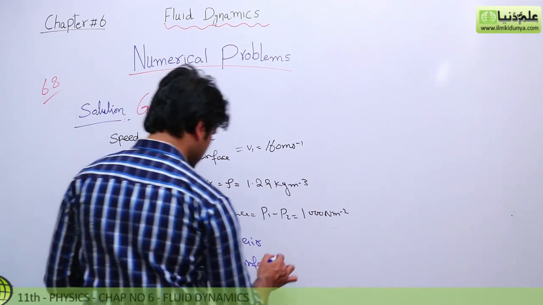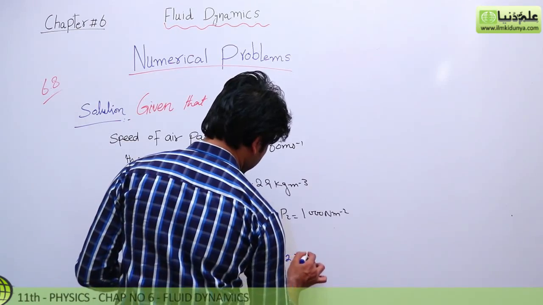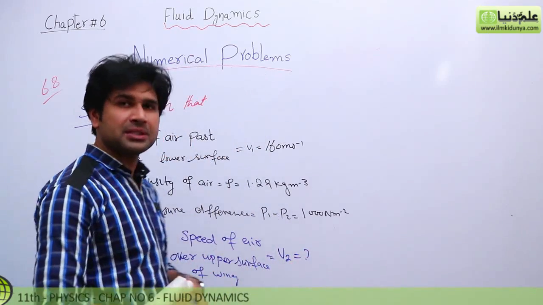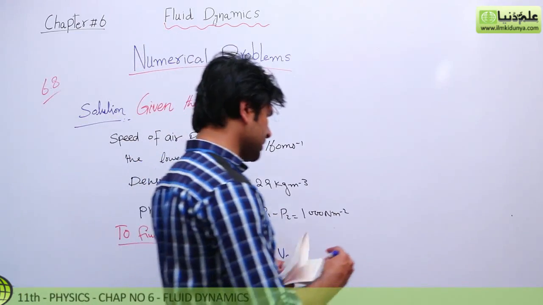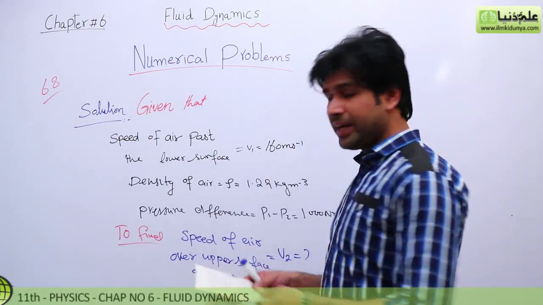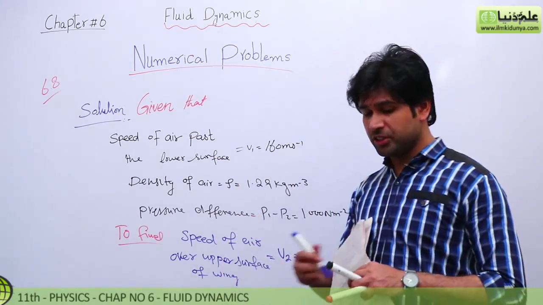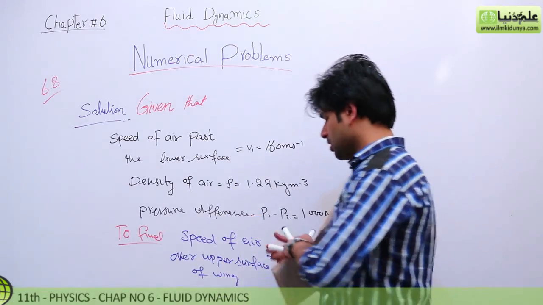So students, we will have to find out V2, which is the speed at the top or upper side of the wing. So this is the given data in our numerical statement. To find out the speed at the upper surface, we will use Bernoulli's equation.